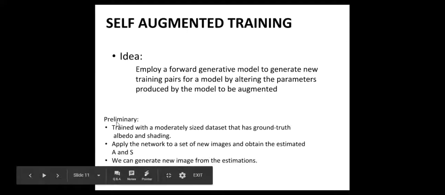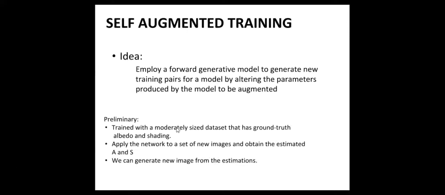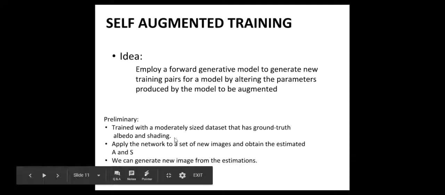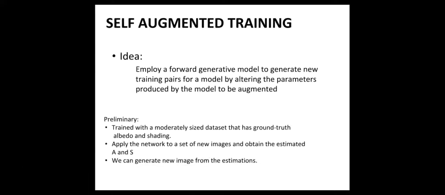So here we start with a preliminary network trained with a moderately sized data set that has ground truth albedo and shading, and then apply the network to a set of new images and obtain the estimated albedo and shading, and we can generate a new image from the estimations. This training method gives a wide variety of image possibilities, and it also improves efficiency.